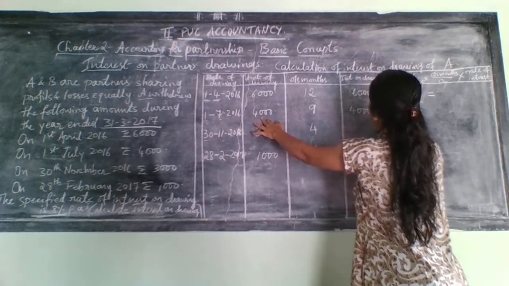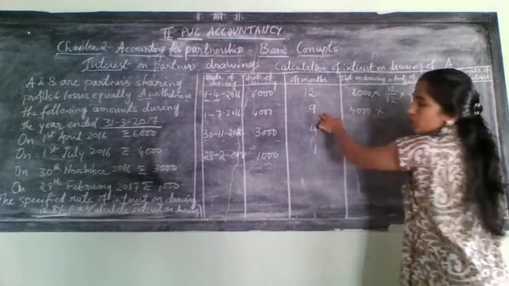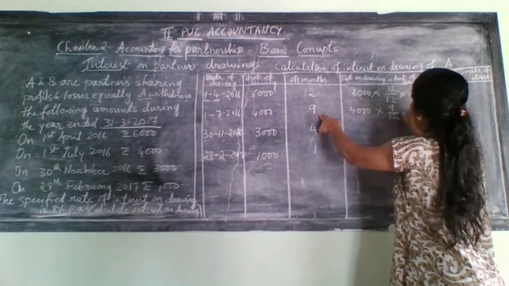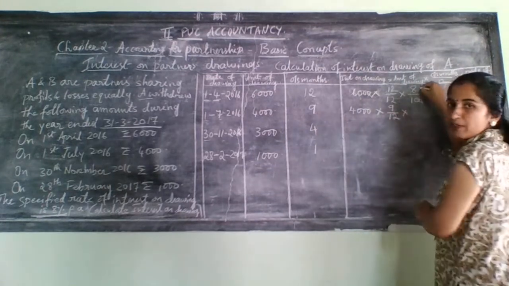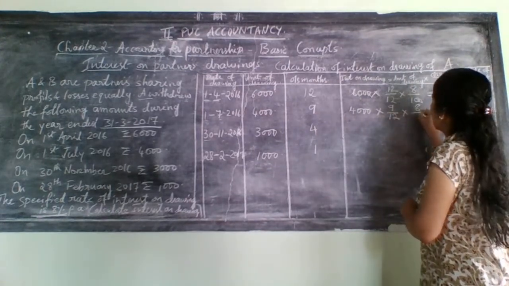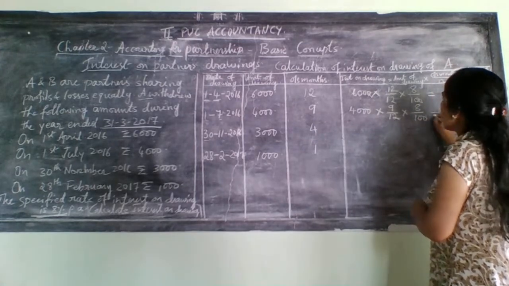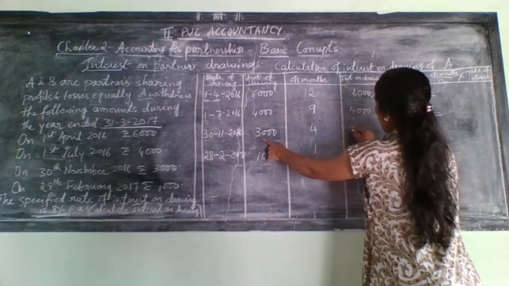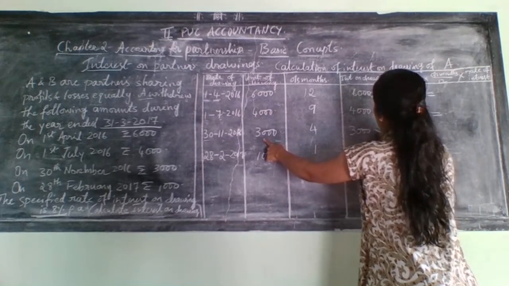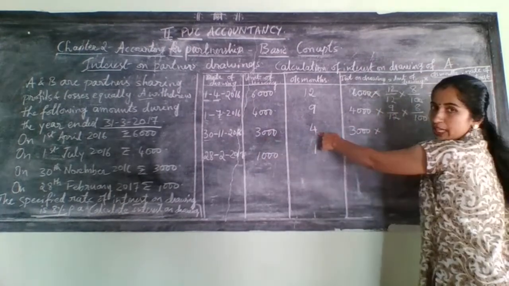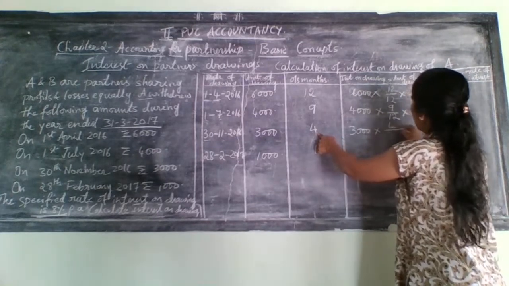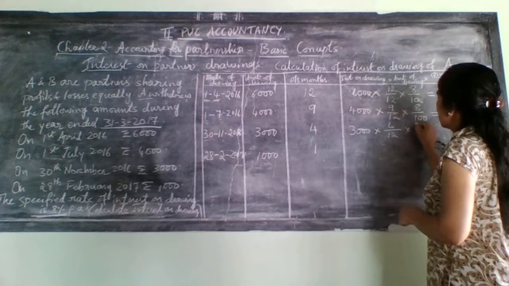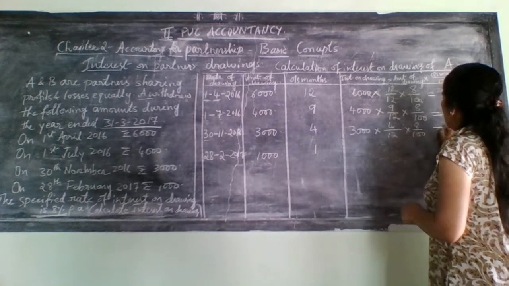Next one, second one, how much? 4,000 amount of drawing into outstanding months, how much? 9 divided by 12 into rate of interest 8 divided by 100. Next one, 3,000 amount of drawing into outstanding months 4 divided by 12 into rate of interest 8 by 100.